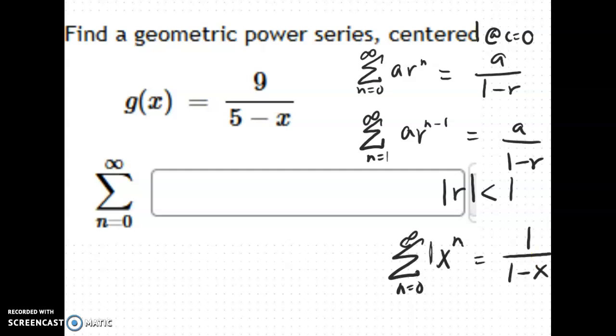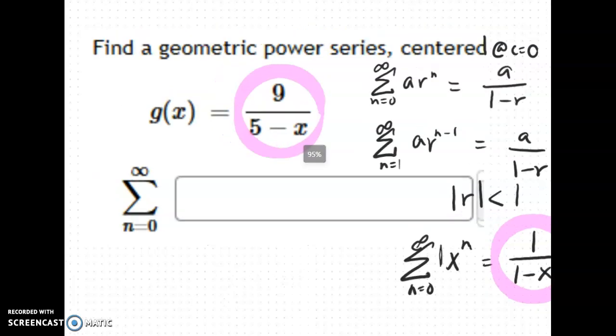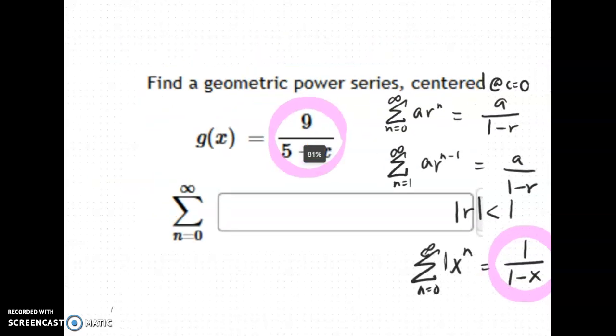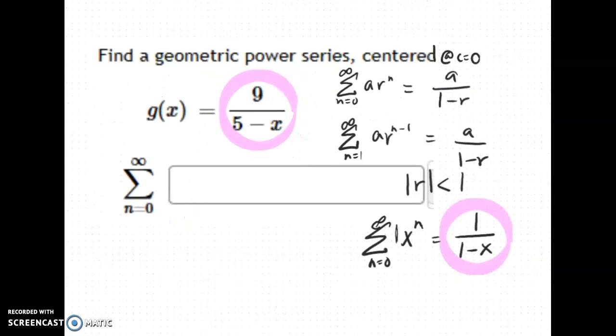So now, what do I notice? I notice that this, even though not exact, is very similar to this. So this should have a power series that looks somewhat like that. And this particular power series, let me move the screen over a little bit, has a center at c equals 0.